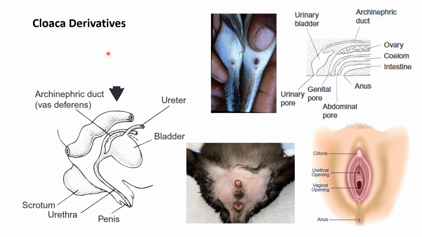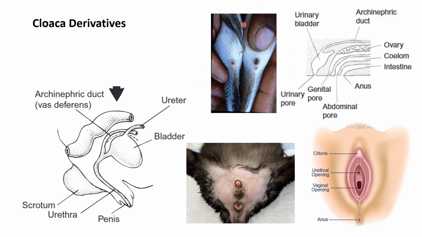We now come to the cloaca, the common chamber where all digestive, urinary, and genital secretions come together to be released into the environment. Most vertebrates have a cloaca, but in some, the cloaca has been partitioned into two or more openings.